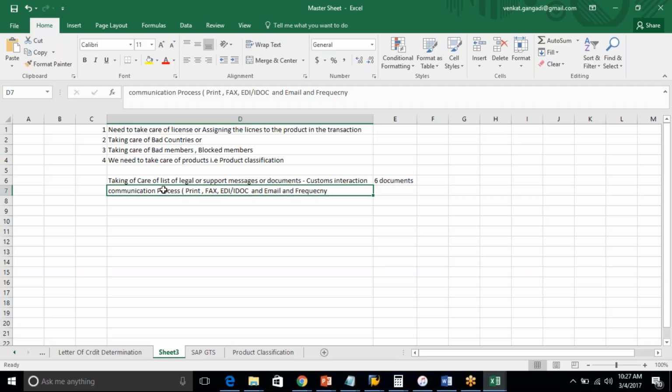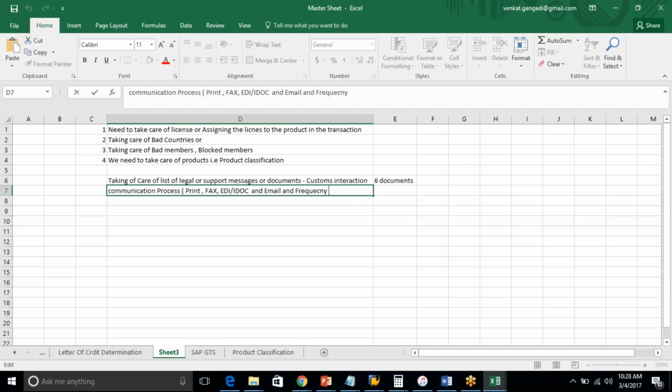And when I say communication, there are different ways. There are four communication methods you can see: printout, fax, email, and EDI, IDoc. Out of these, which is the electronic communication? IDoc and email, EDI.